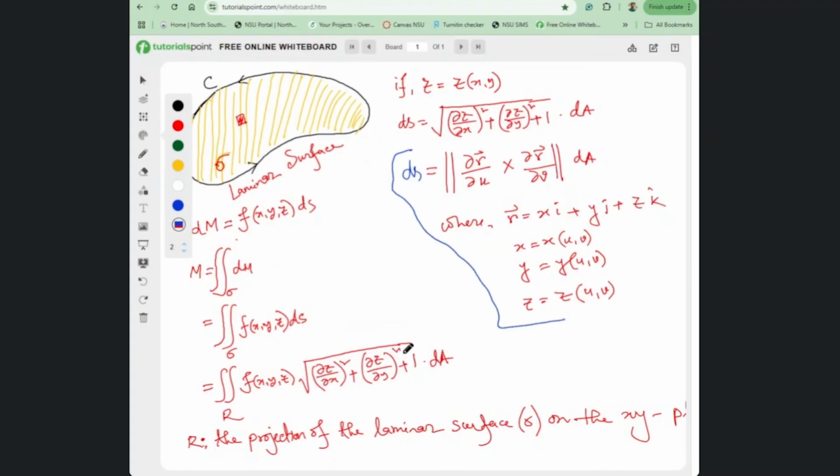But most likely we follow this formula, because in most cases the surface definition is given as z is a function of x, y.